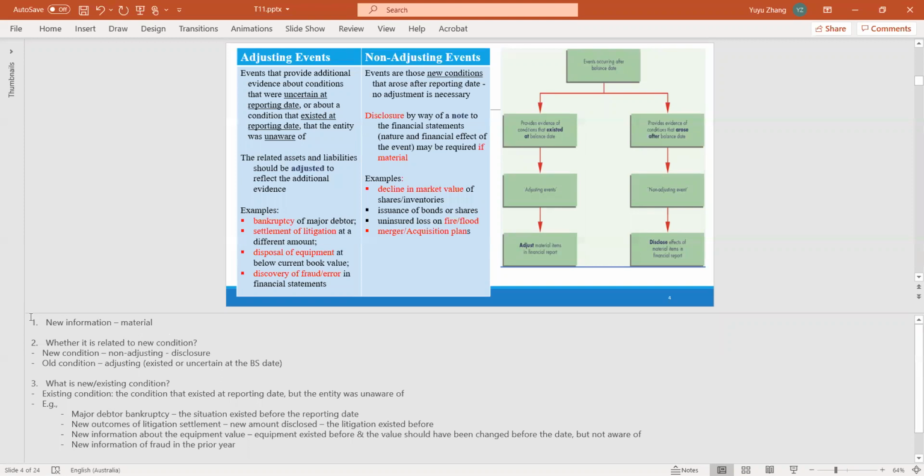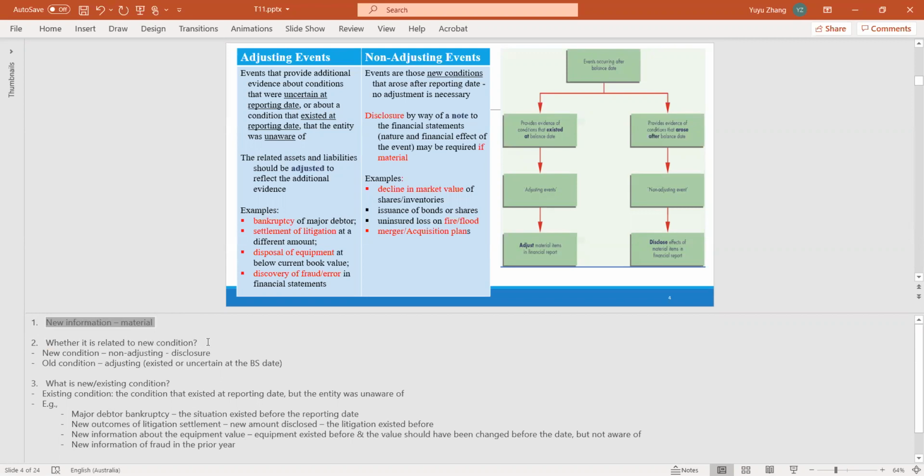Okay, so as I mentioned first, that information has to be material. Second, those material subsequent information could be adjusting or non-adjusting events, based on the decision whether it is related to the new condition.